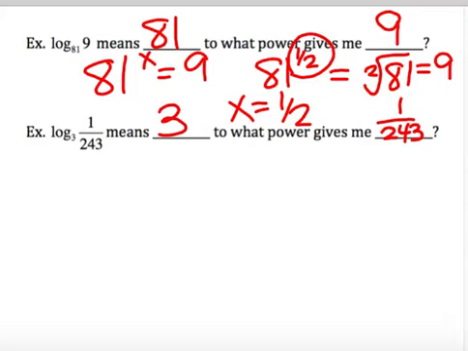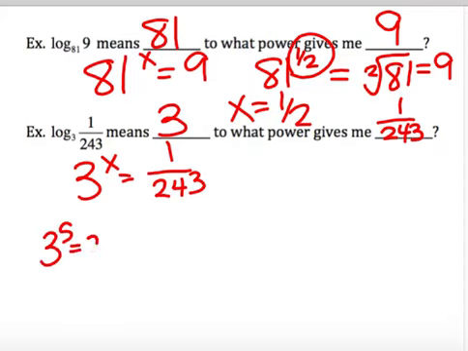And so on our pink sheet we can see that 3 to something gives us 243, and that is 5, right? 3 to the 5th is 243, but we need the answer to shift to the denominator, and so right now this is 3 to the x over 1.